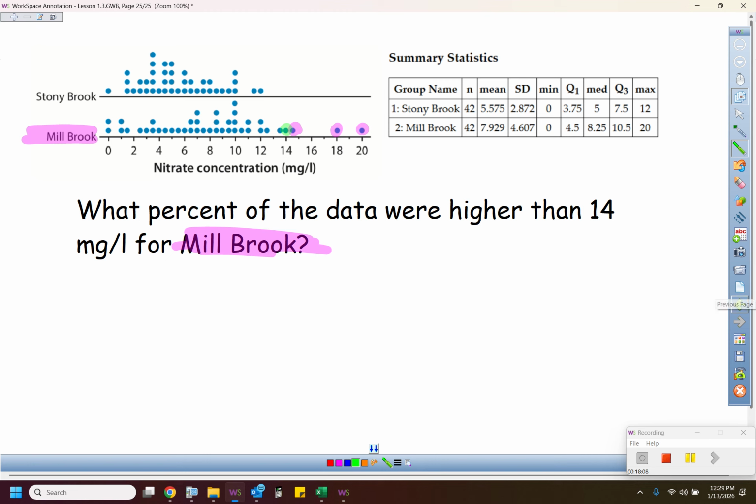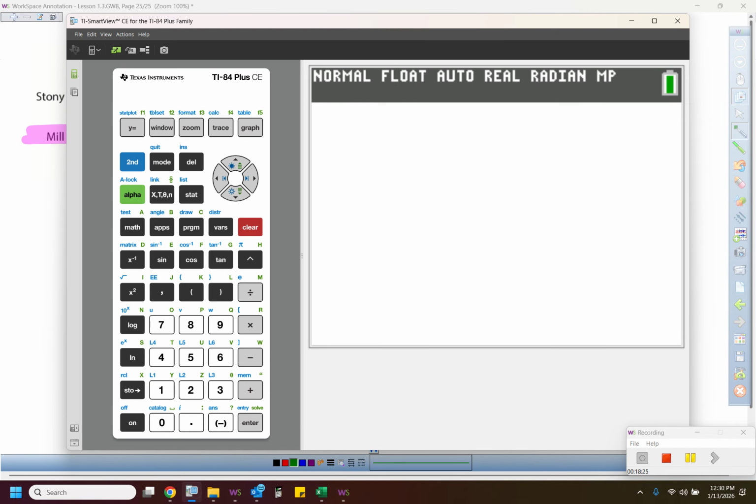But up here, there were 3 of them, right? Since they asked for a percent, I need to know how many total there were. Thank you, summary statistics, for always telling me the total. Say there were 42 dots in there. So 3 divided by 42, and they want a percent. They will probably make us go to the nearest tenth of a percent.